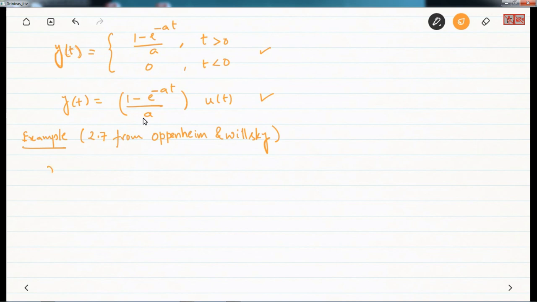So here x of t is, what is this, x of t here? Yeah, this is another simple example.